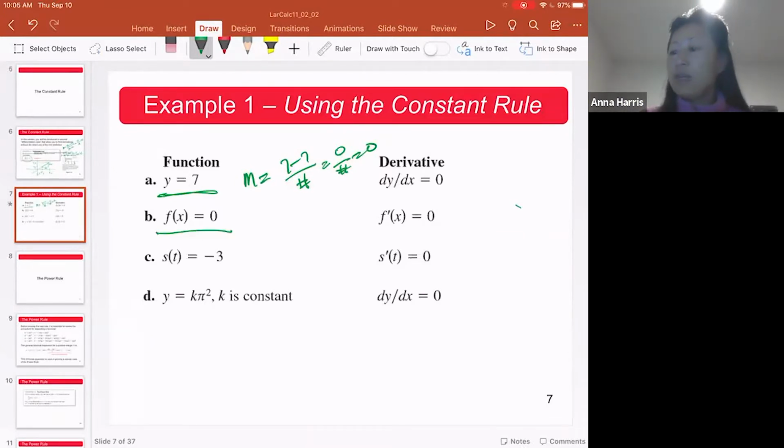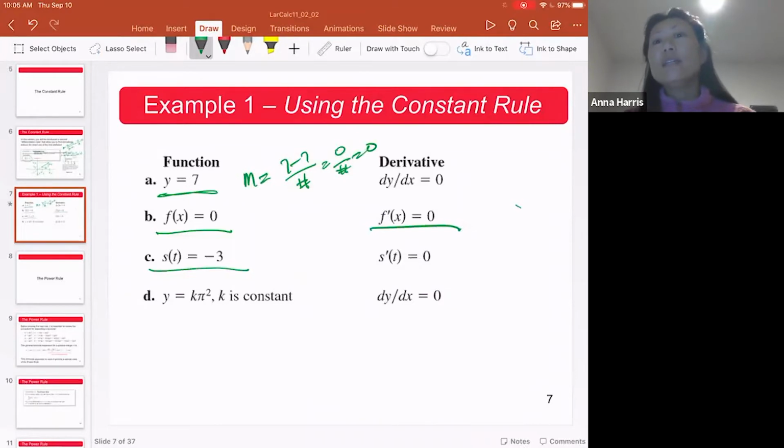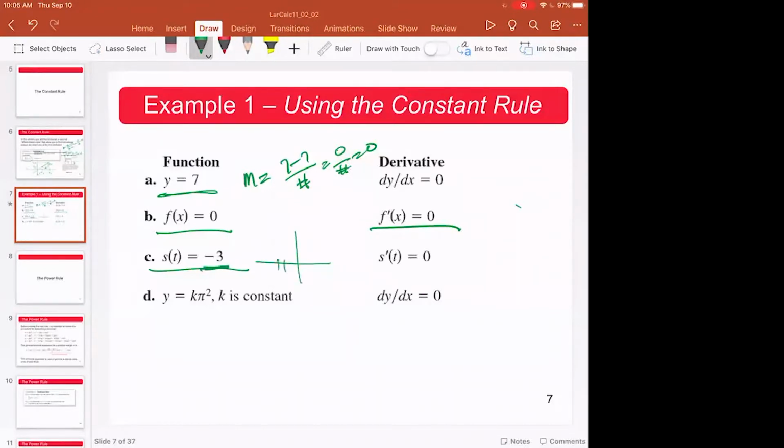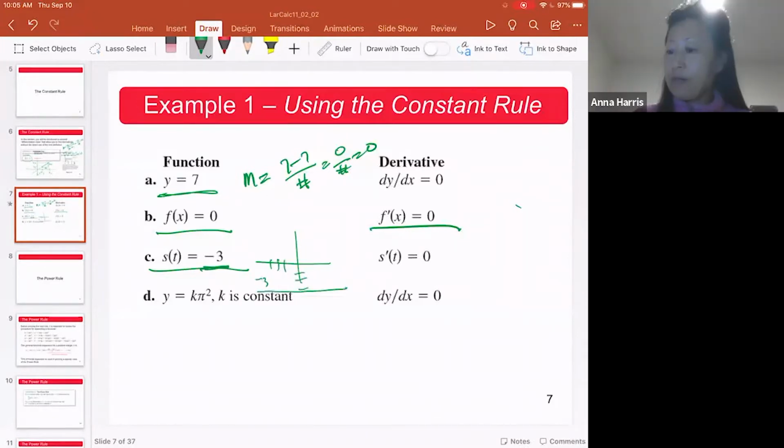So like this, the function s of t equal to -3. There is no t there, just -3. This function is -3, this function is 0, this function is 7, right?